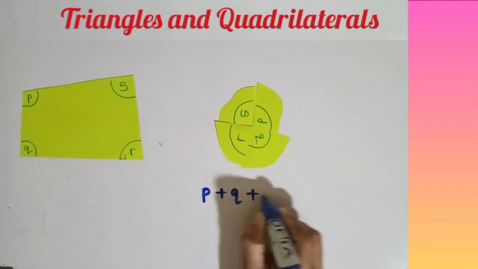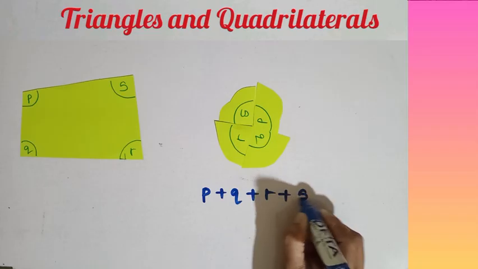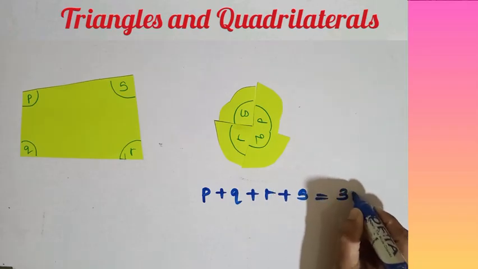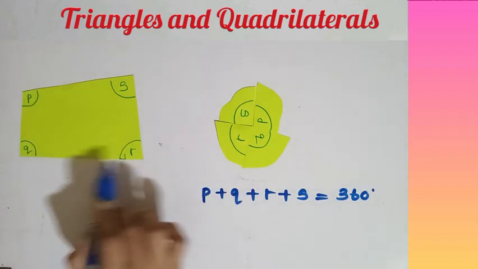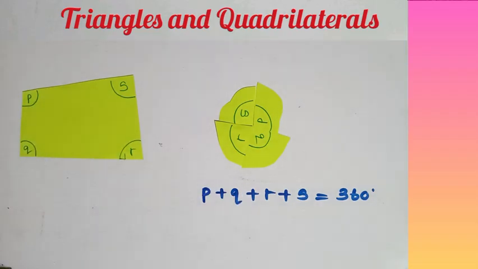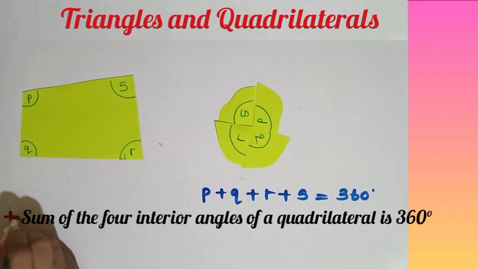P plus Q plus R plus S equal to 360 degrees. These are the four interior angles of this quadrilateral. So we can take the conclusion, the sum of the four interior angles of a quadrilateral is equal to 360 degrees.